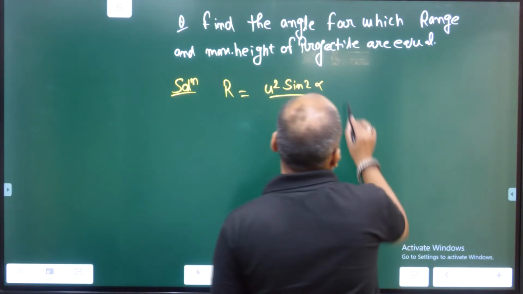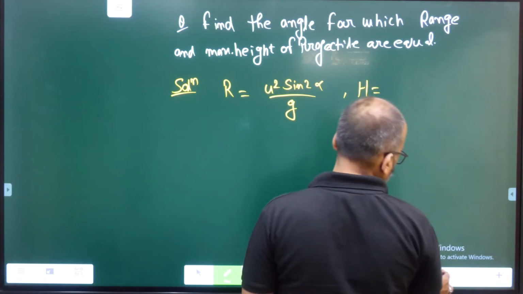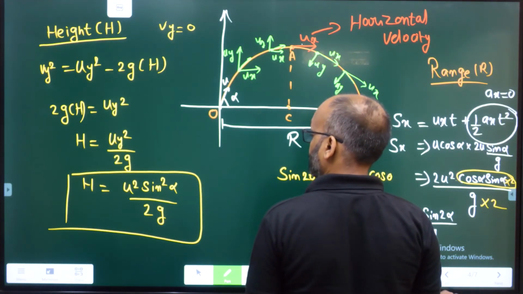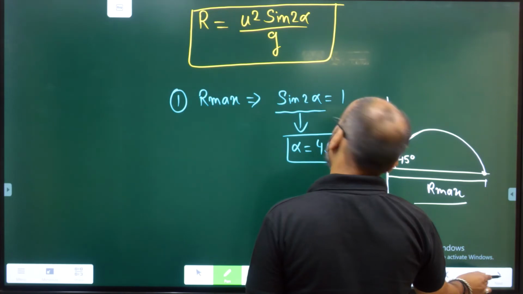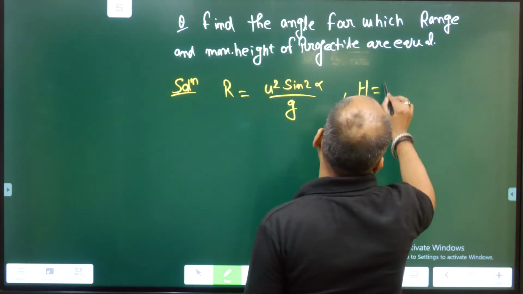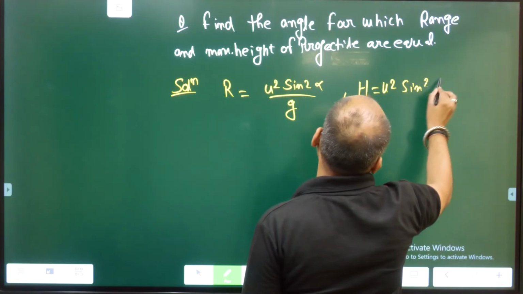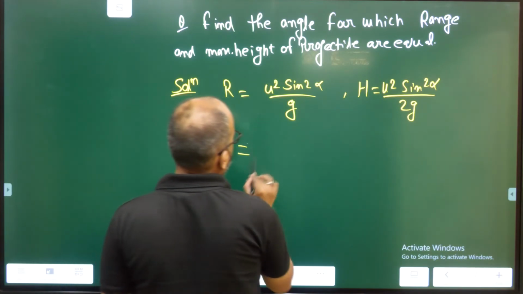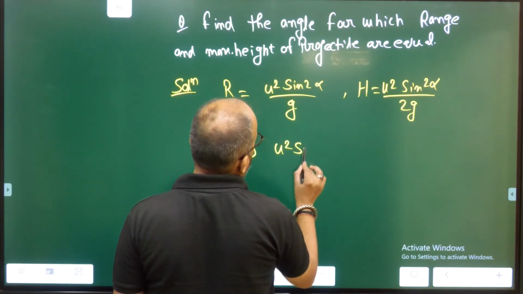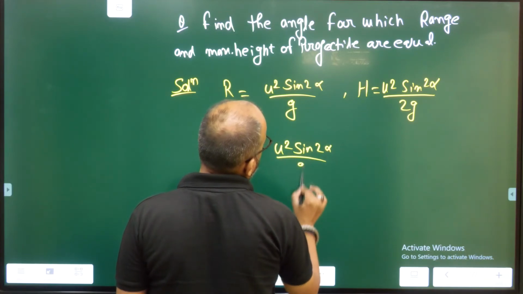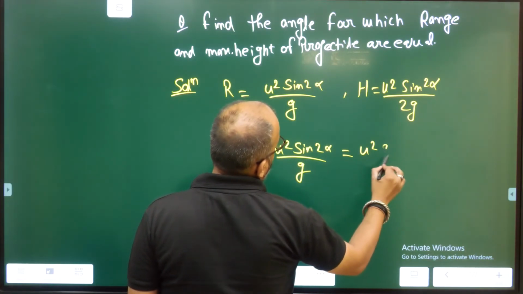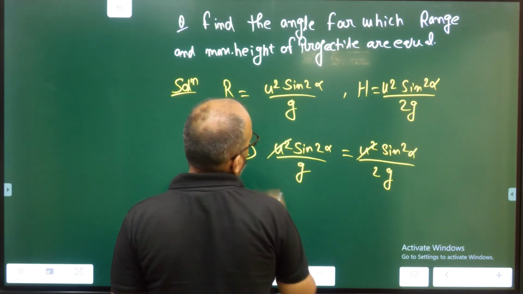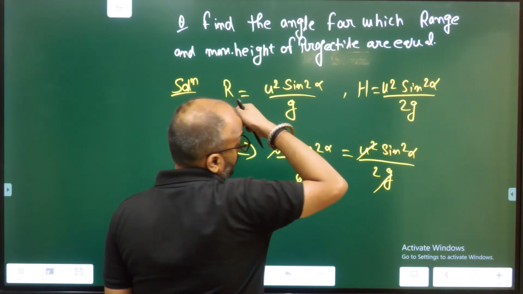And what is the formula for height? u square sine square alpha upon 2g. Equate them. So you will get u square sine 2 alpha upon g divided by u square sine square alpha upon 2g. So u square gone, g gone.